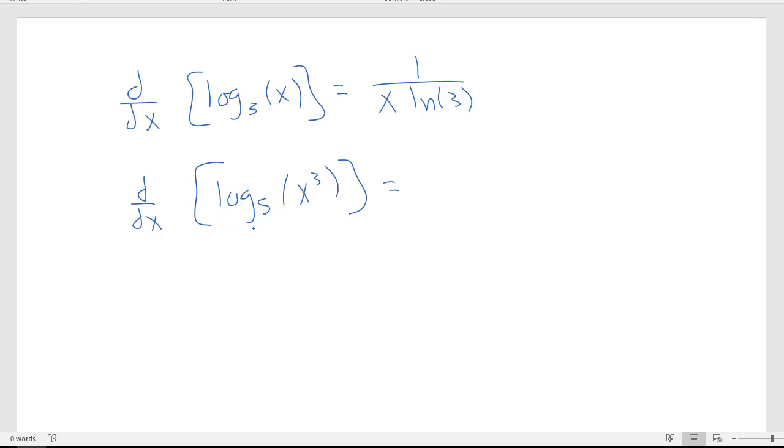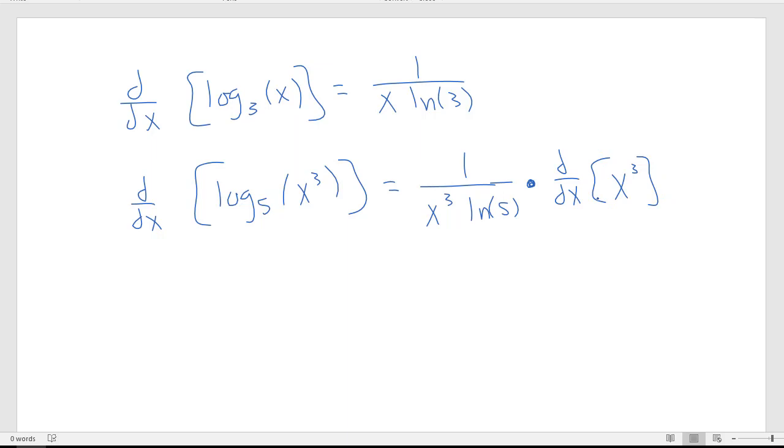What's the derivative of log of blah? Well, it's 1 over the blah times the ln of the base. And then the chain rule says take the derivative of the inside next, so the derivative of the outer times the derivative of the inner. So the derivative of the base 5 log of blah is 1 over blah, ln of the base, and then the derivative of the inside.